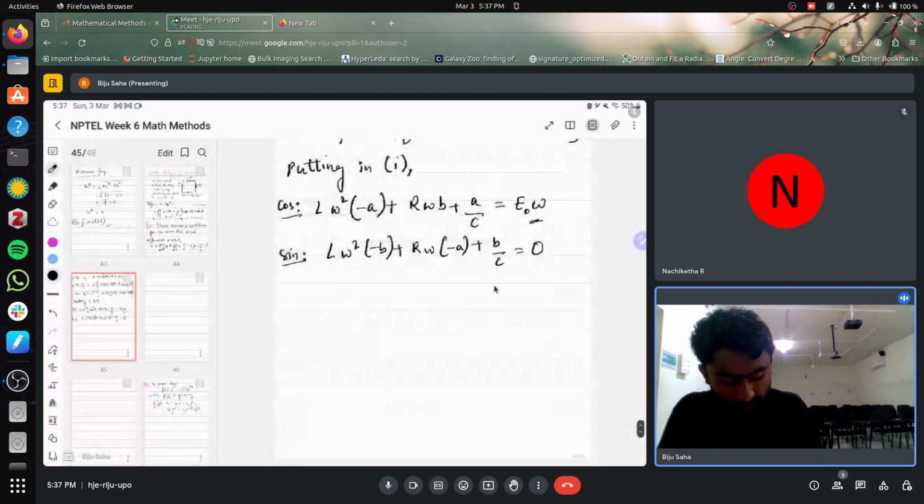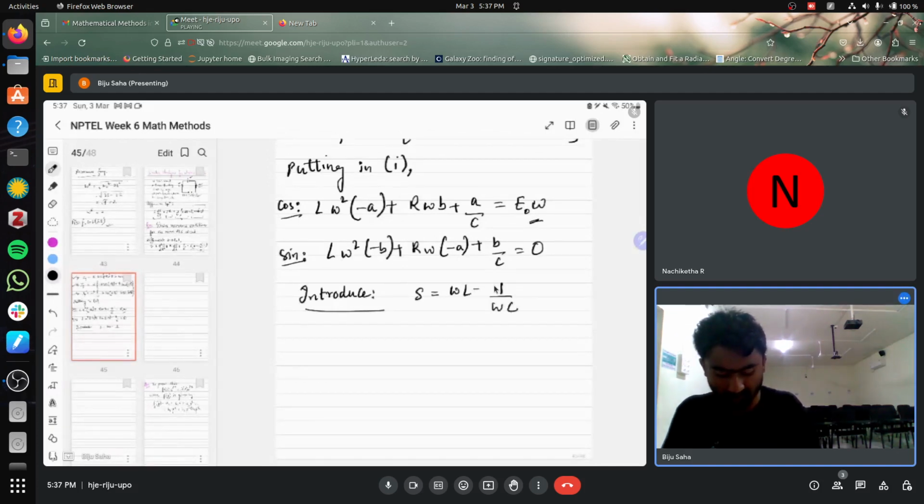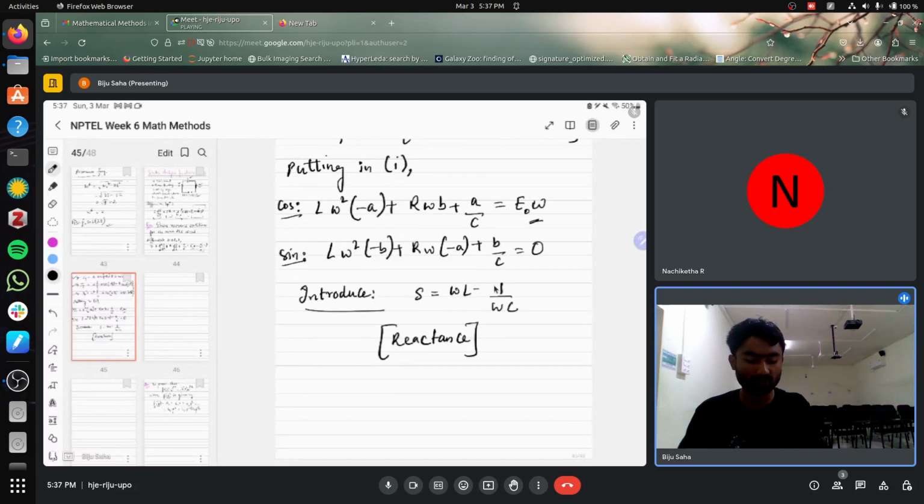Now let me introduce one important parameter that you see in these two equations: S is equal to omega L minus 1 by omega C. This quantity in electrical circuits is known as the reactance.